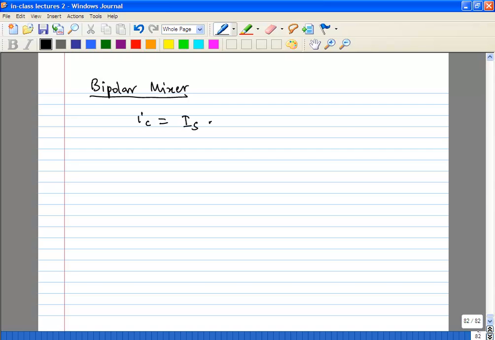It's Is exponential Vb over Vt. So let's say your input voltage is Vn and your bias voltage is some Vb. If you write this as Vb plus Vn, Is exponential Vb bias over Vt would be IC, the collector current, DC current, times 1 plus, then you expand out the exponential.